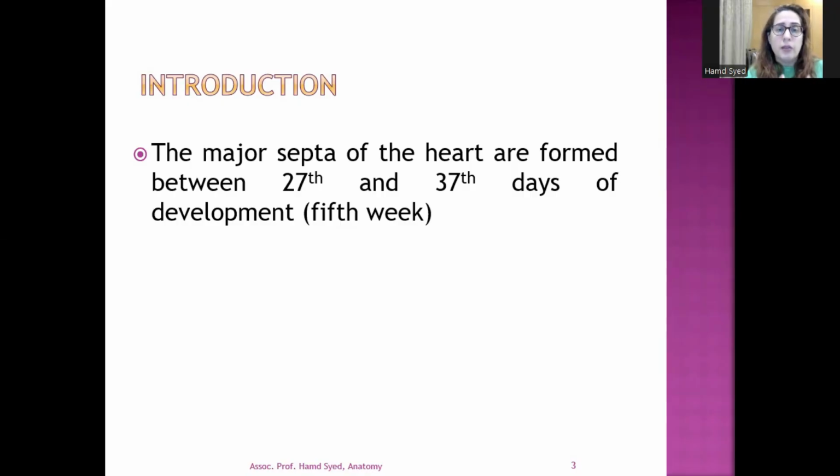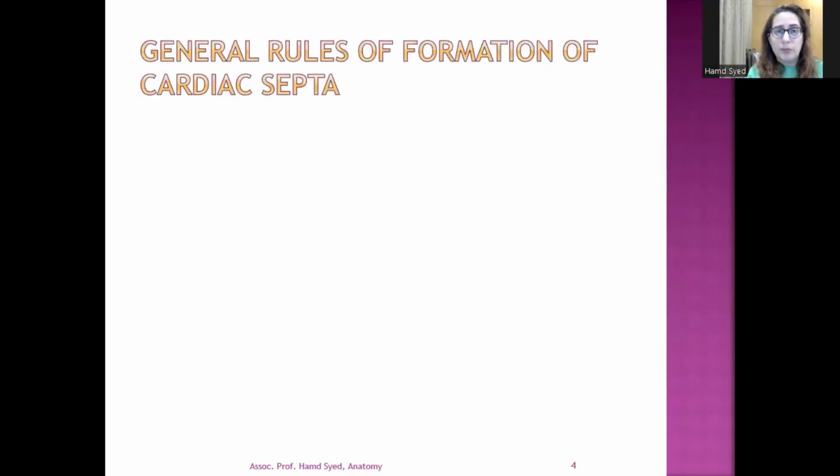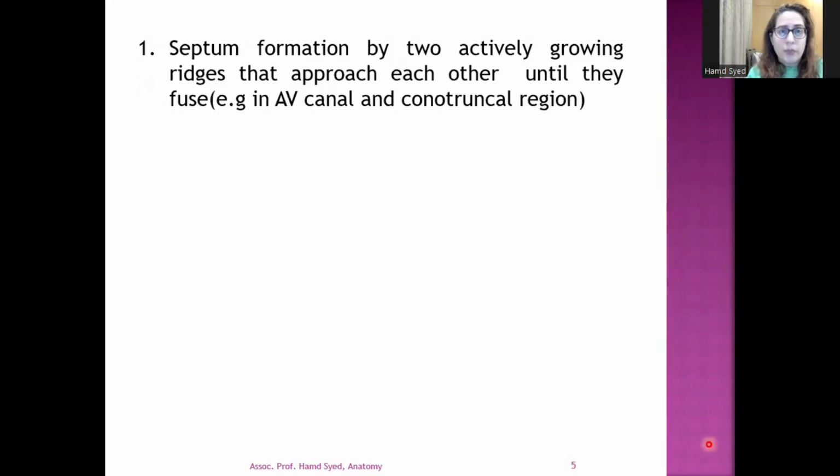And it is in the fifth week of development that the major septae of the heart are going to be formed. Now, regarding the formation of these cardiac septae, keep in mind a few general rules. You've got septum formation which occurs by the process of ridges that approach each other until they become united.